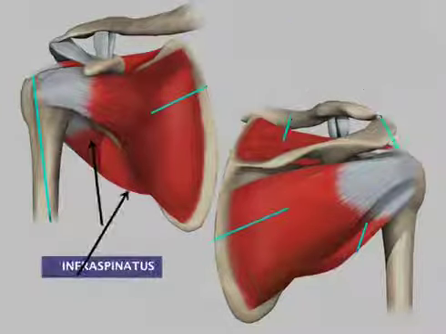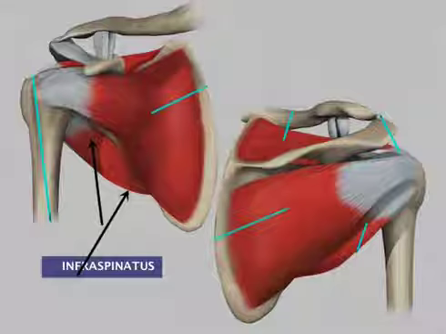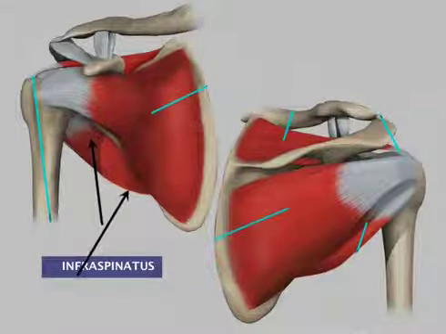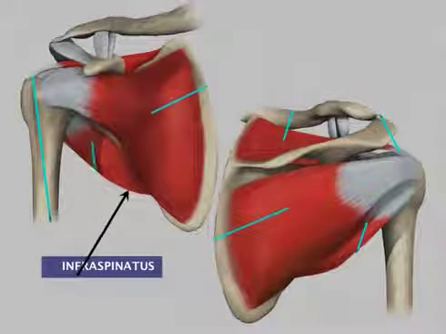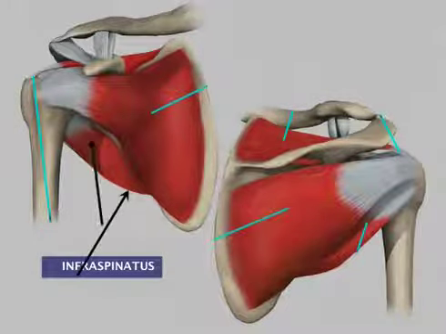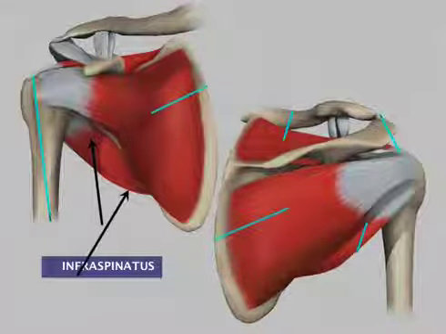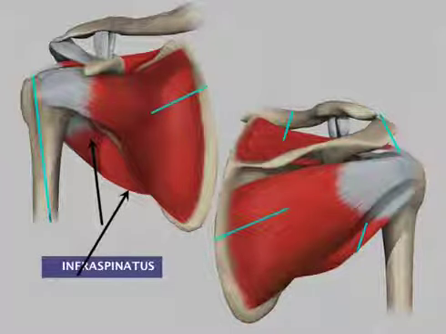Next is the infraspinatus muscle. Its origin is from the infraspinous fossa and insertion is the middle facet of the greater tuberosity. Action is stabilization of the humerus at the joint at different movements, and along with that it externally rotates the arm. Nerve supply is the suprascapular nerve.